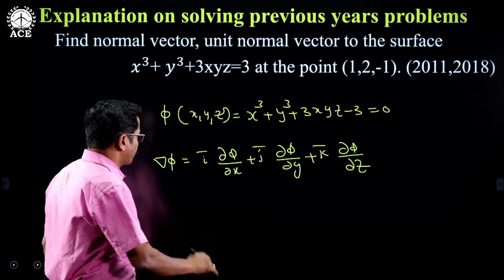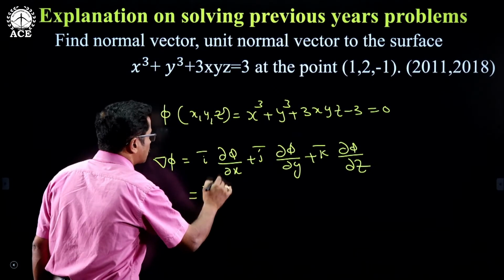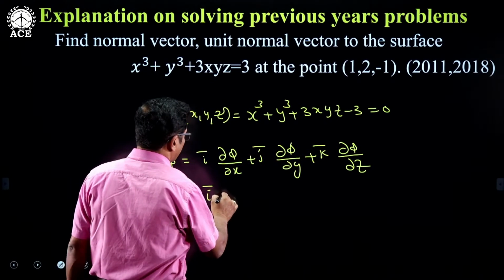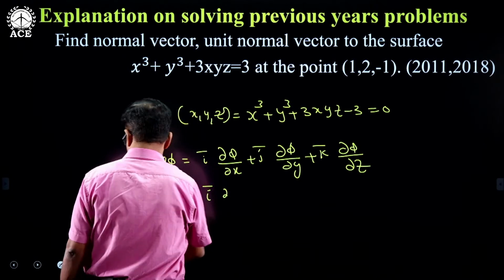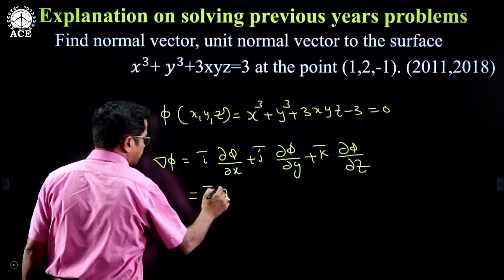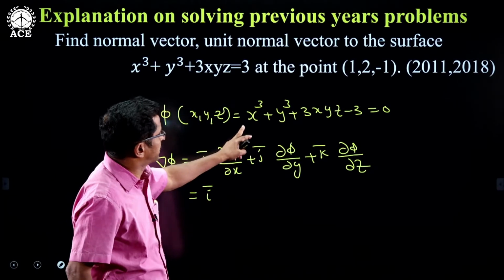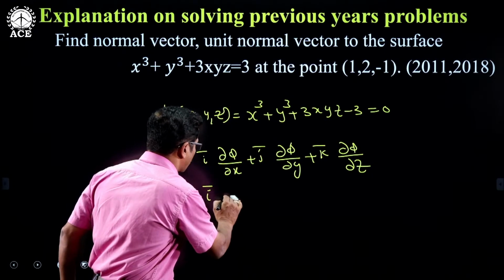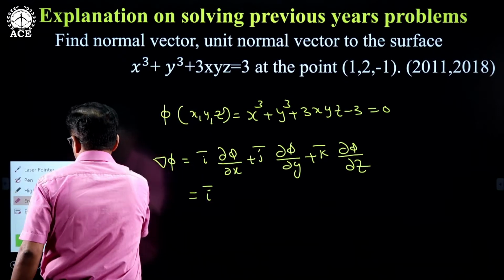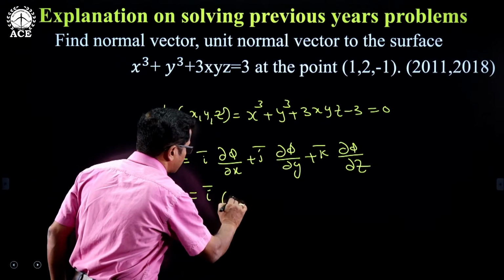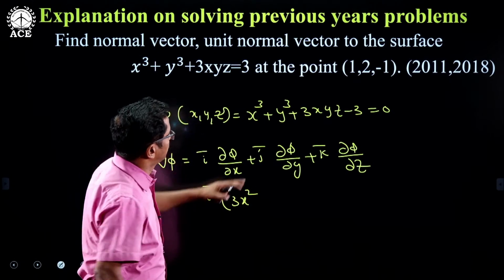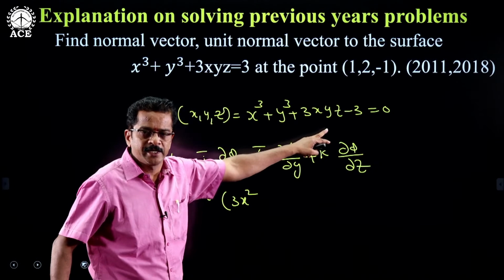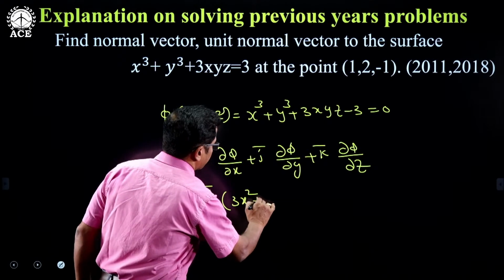So i bar into dou phi by dou x: differentiating with respect to x, x cube gives 3x square, plus y cube differentiation is 0, 3xyz differentiation is 3yz, plus 3yz.